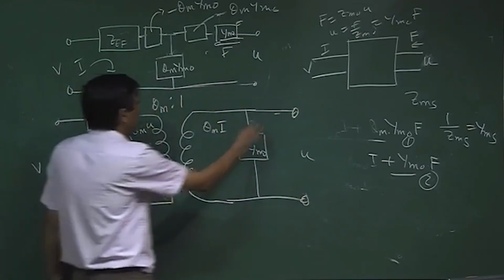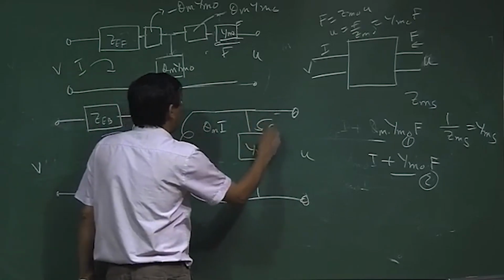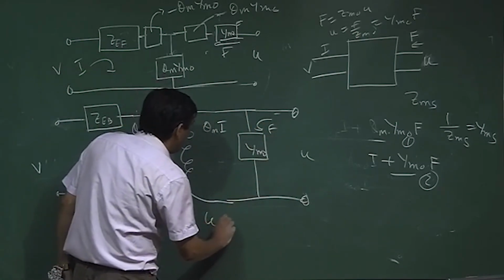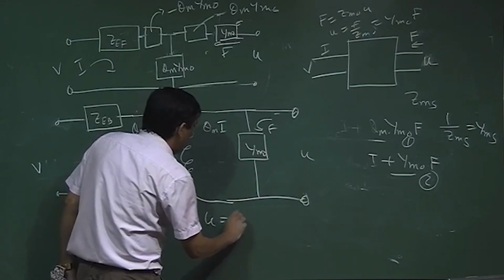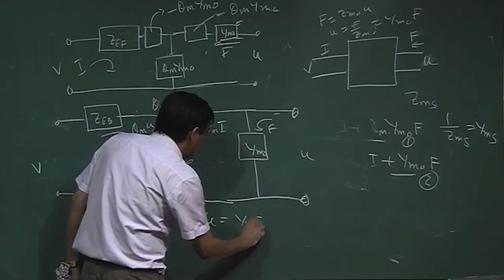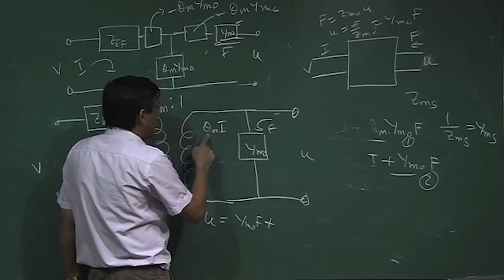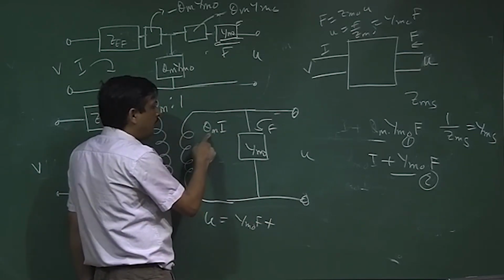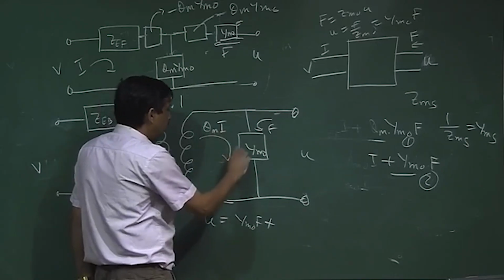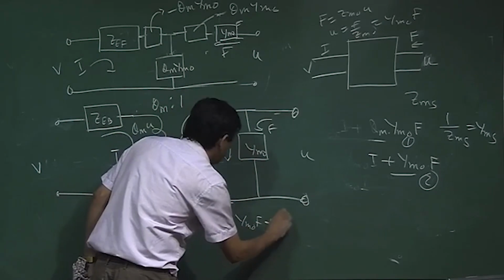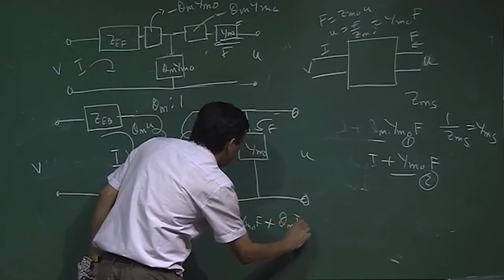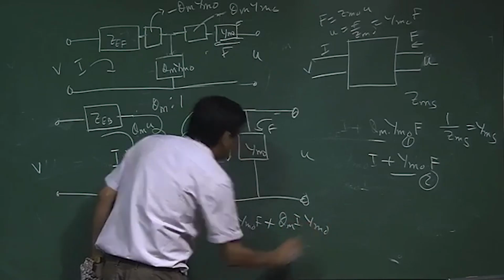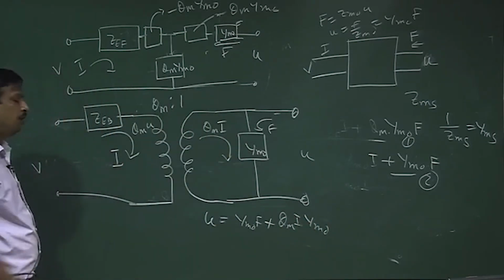So U is equal to YMO into F plus phi m I into YMO, which is the canonical equation.